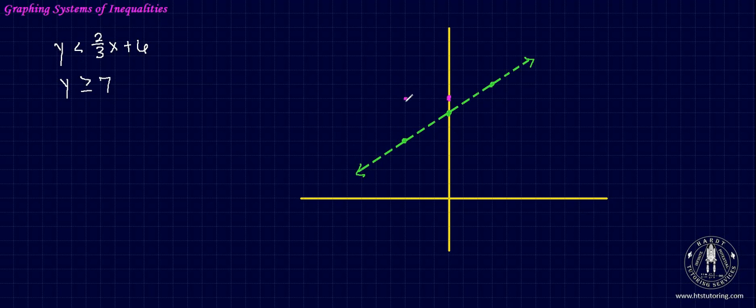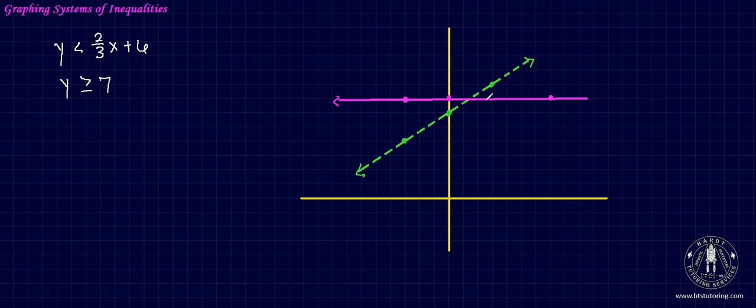I could also have this point. Y is 7 at that point, and y is 7 also at this point. This is a greater than or equal to. The equal to symbol tells me I'm going to have a solid line. So let's graph a solid line here.